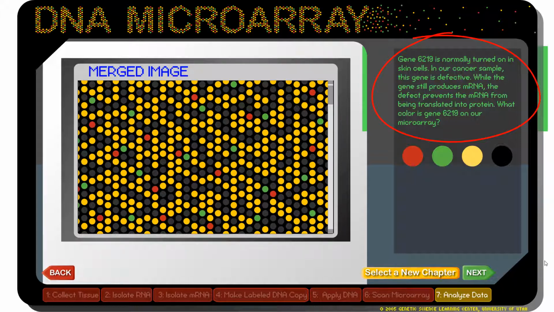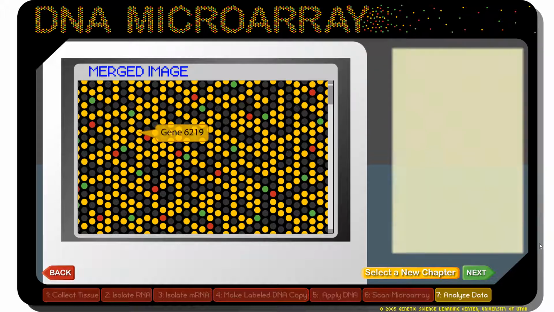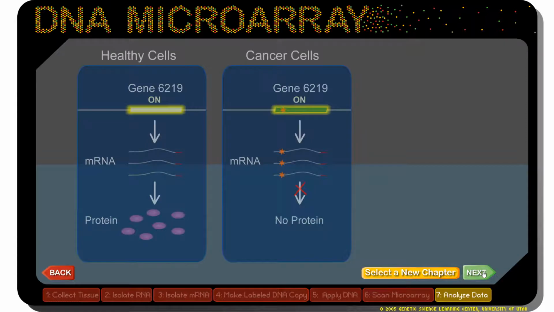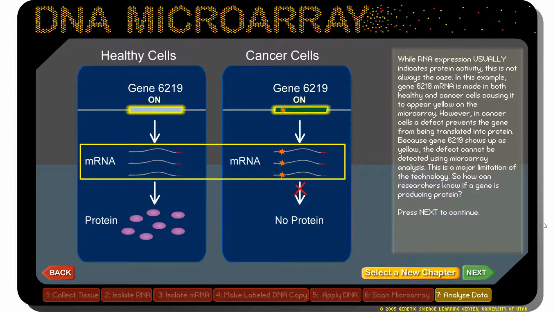So obviously, upon overlapping these two, it will look yellow in the microarray. Again, this is one limitation of the microarray. It only utilizes RNAs in the analysis. As long as RNAs are produced, it will all turn up in the scan. The microarray cannot tell us that it is defective in a cancer cell.